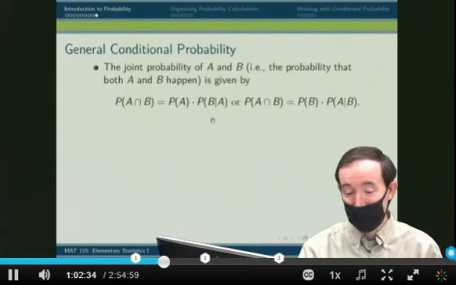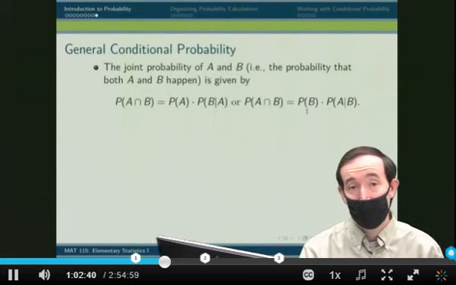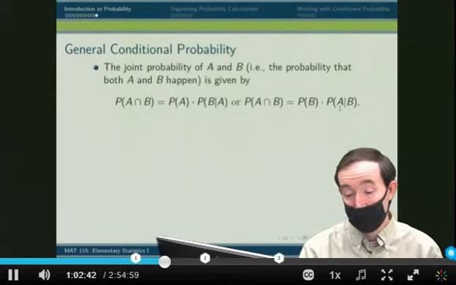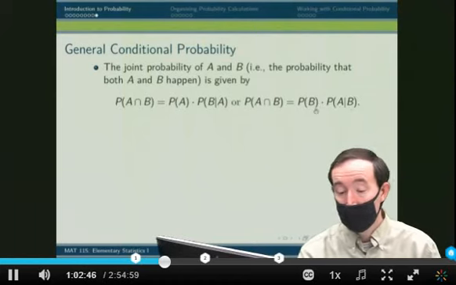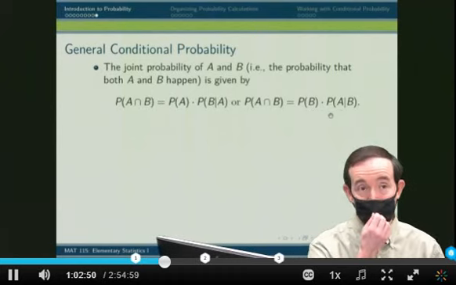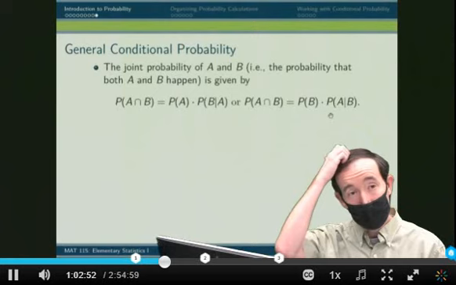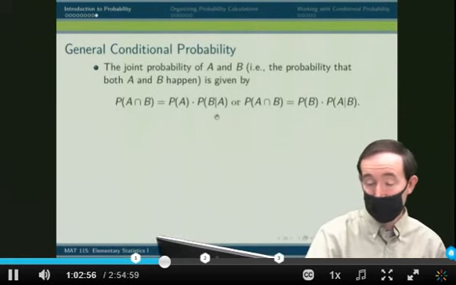Together, that means both A and B happen. Or I could organize it in the other direction. I could find the probability that B happens, and then assuming that B happened, find the probability that A will then also happen. Those things together assume that both A and B happen. This is how conditional probability works. This is called the general multiplication rule.